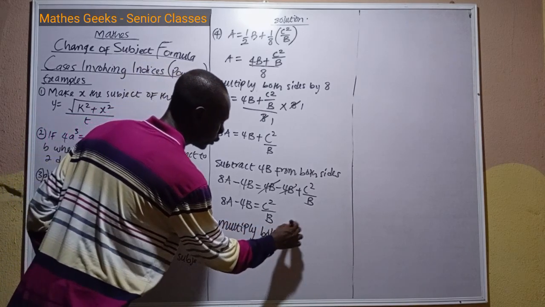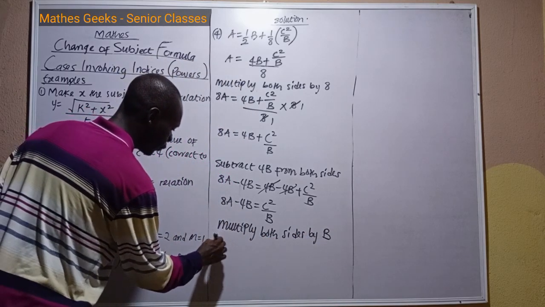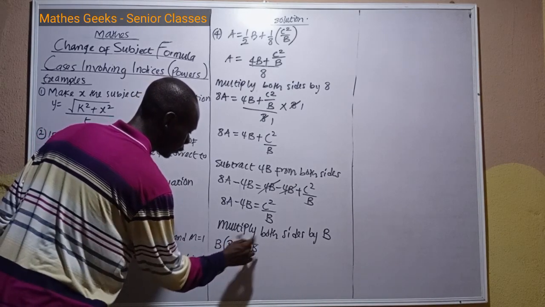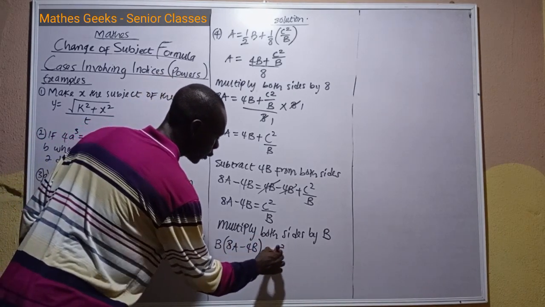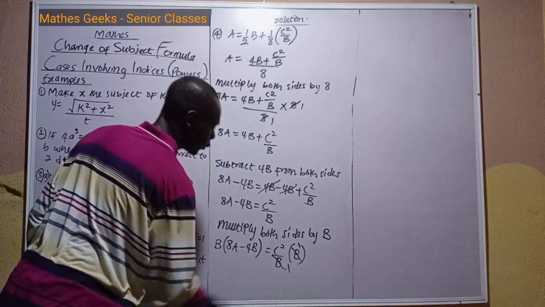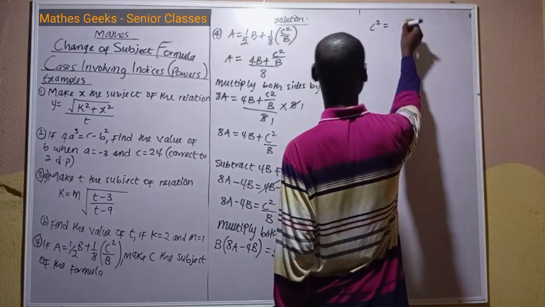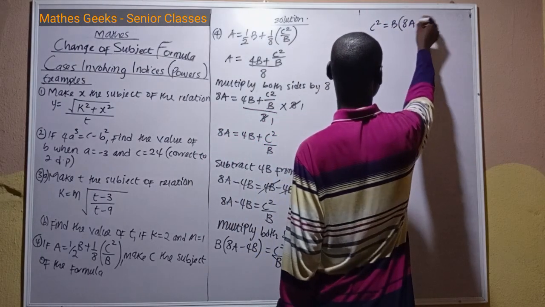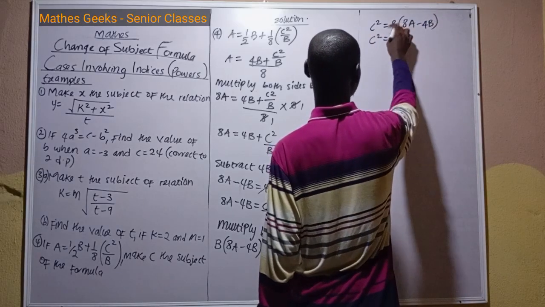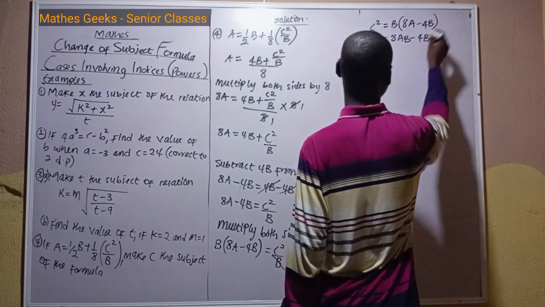So B times 8A minus 4B equals C squared over B multiplied by B. So B and B cancel. So C squared is equal to B times 8A minus 4B. I can expand, so this is equal to 8AB minus 4B squared.